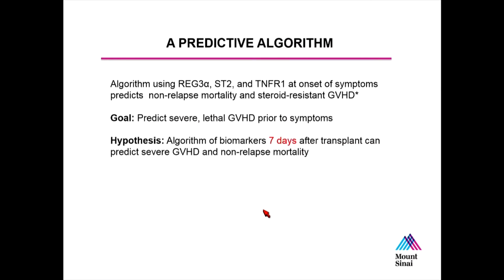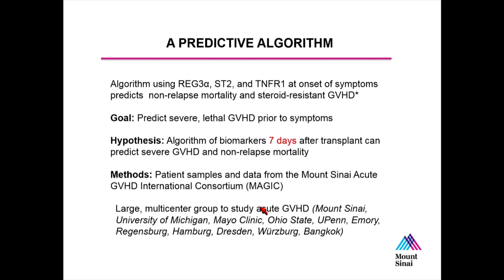So we're going to try to develop an algorithm at day +7 after transplant to predict severe GVHD and non-relapse mortality. For this, we're going to use samples from MAGIC, the Mount Sinai Acute GVHD International Consortium.